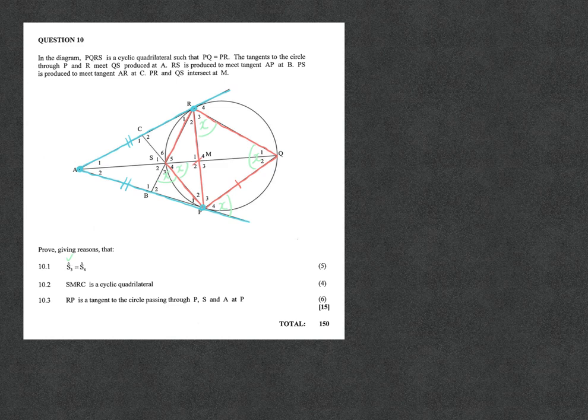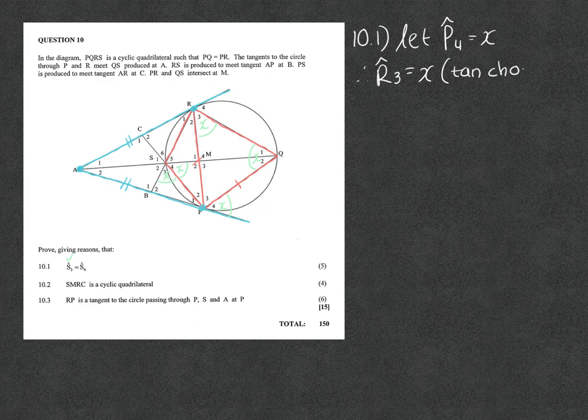So you can start off by saying 10.1, let P4 equal x, therefore R3 equals x, reason, tan chord theorem. Therefore, Q1 and 2 equals x, and that's because of angles opposite equal sides.